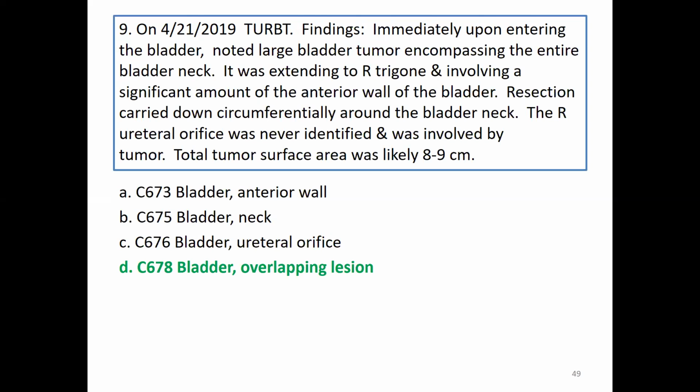And so this tumor is large. It's overlapping a lot of area. And it was nice to have that note that the tumor surface area is likely 8 to 9 centimeters. So again, that's just another confirmation that you have one tumor that's large enough to cover a lot of this area. So the correct answer is D, bladder overlapping lesion.